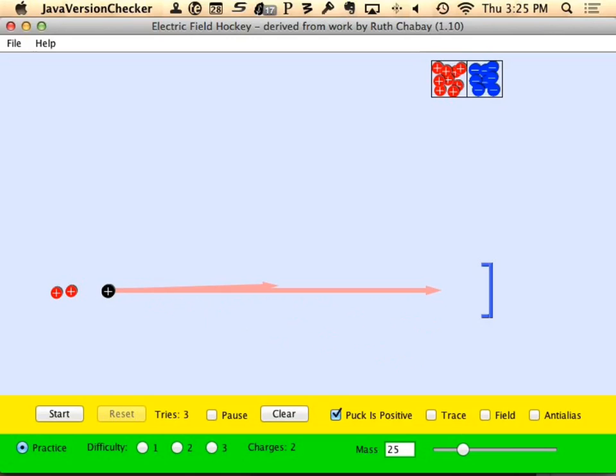So in this case, if we wanted to add the total effect of these two charges, I'll put the charges like this, and you can see that I have my original force arrow. We'll call it the force on the black by the red 1. That was equal to k q q over r squared.